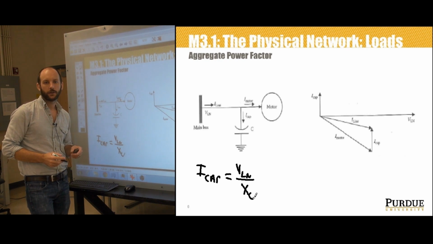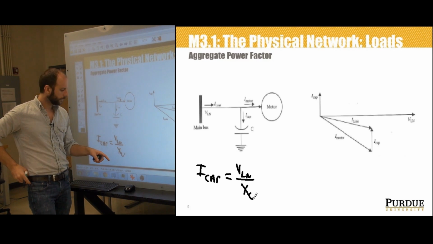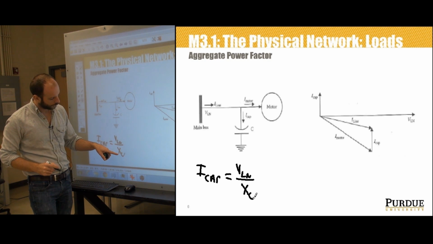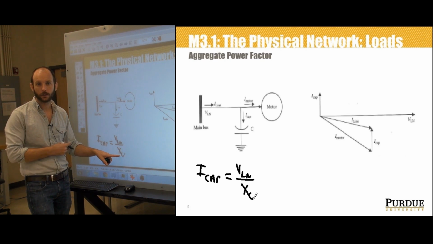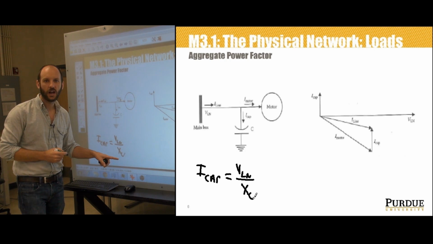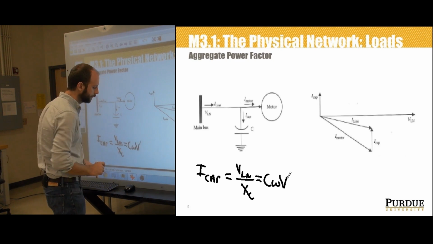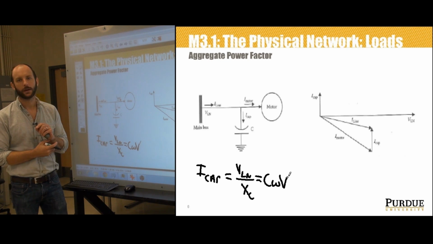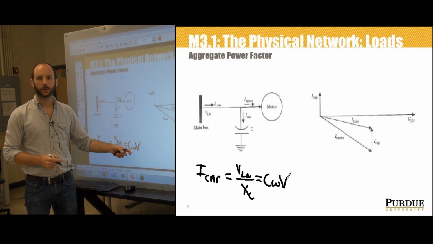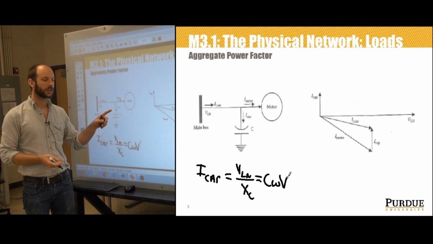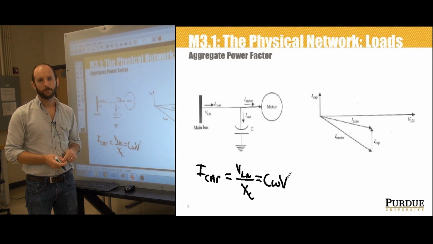And remember that we can make a substitution where we could put in 1 over omega C here, for the capacitive reactance, and that's going to give us C omega V as the current, that capacitance times omega times V. And it's a pure capacitor, so the current here, I cap, is going to lead the voltage by 90 degrees.